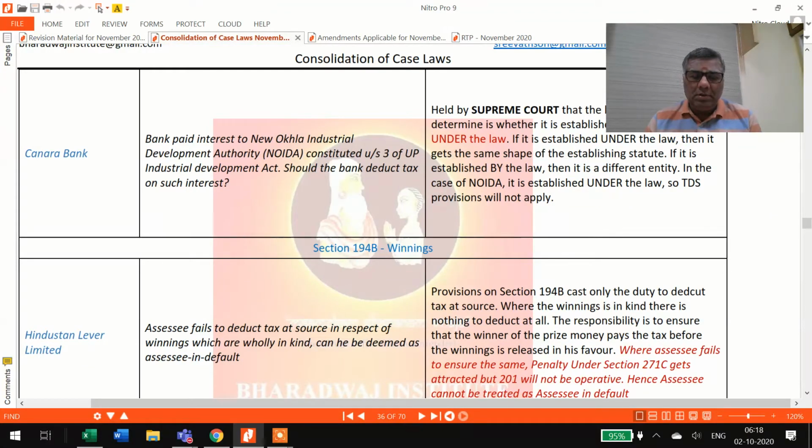Canara Bank paid interest to Noida. This is a new case. What is the difference it is saying?